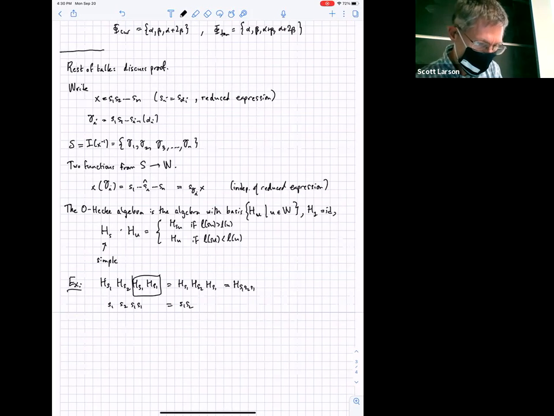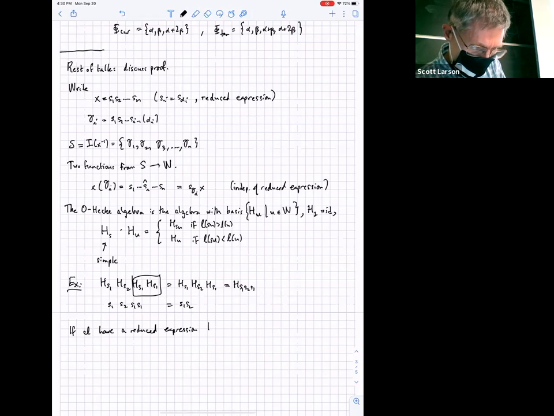So in general, if I have a reduced expression, say h of s of i1, h of s of i2, up to h of s of ik, this is just equal to h of s of i1 through s of ik.